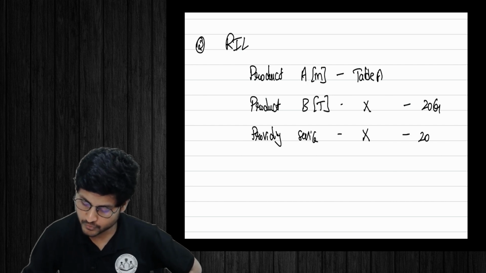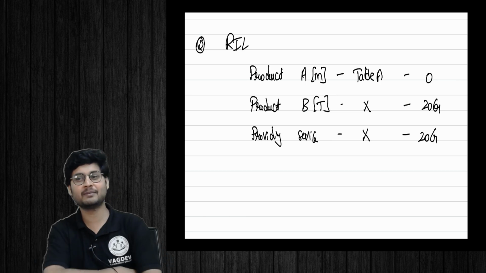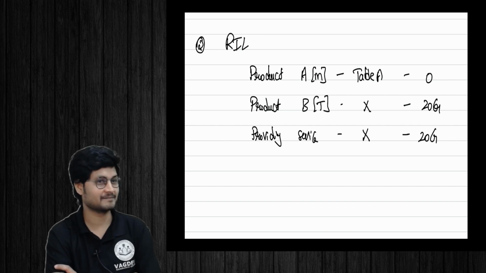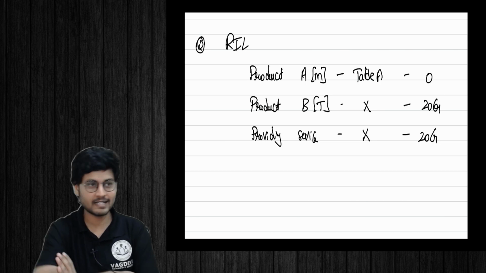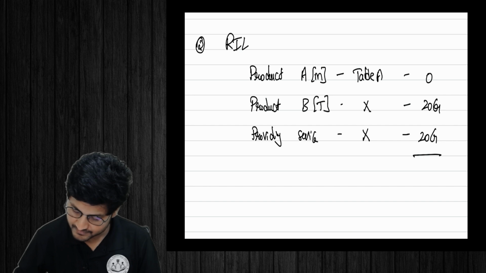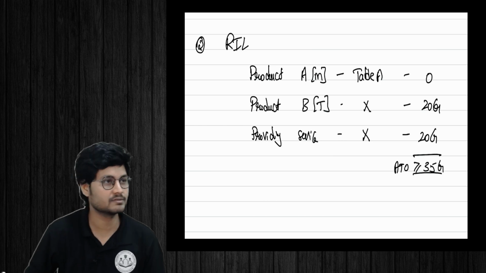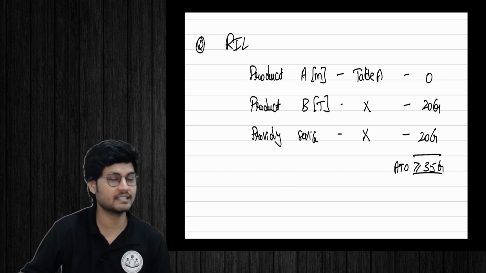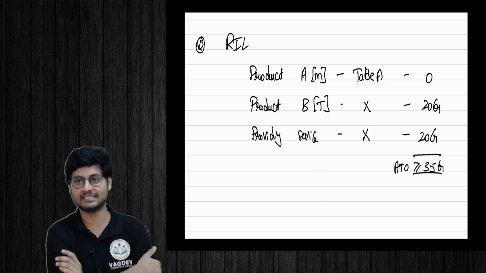Here also 20 crores, but here there is no turnover at all for table A product A in that particular year. What is the aggregate turnover? ATO is more than or equal to 35 crores, because it is 40, 20 plus 20. But are the cost records to be maintained? This is the question.